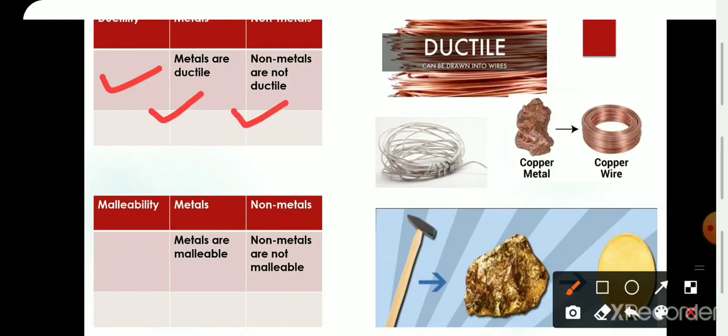Means we cannot make wires with the help of non-metals. Second, that is malleability. So metals are malleable. Means when we pressurize a metal block with the help of a hammer, it will turn into a sheet. And this property is malleability. So metals are highly malleable while non-metals are not malleable.